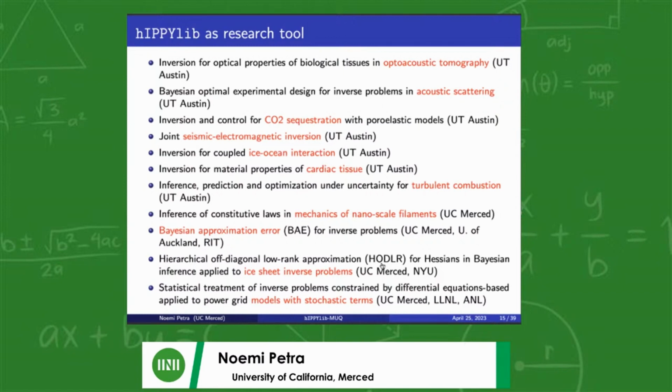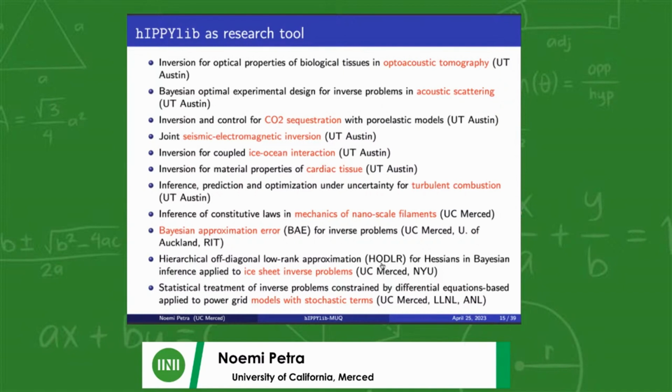Acoustic scattering, just to give you more examples, seismic electromagnetic inversion, ice-ocean interaction, some more bio, cardiac tissue, inversion for material properties, and turbulent combustion. And I realize that I put mostly Austin here, so I should probably mention a few that you see from Merced as well.